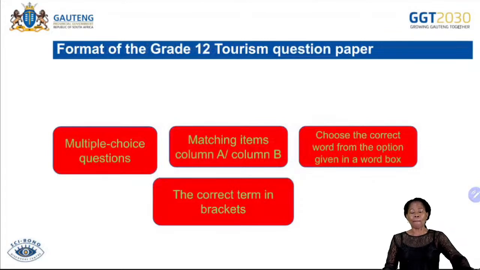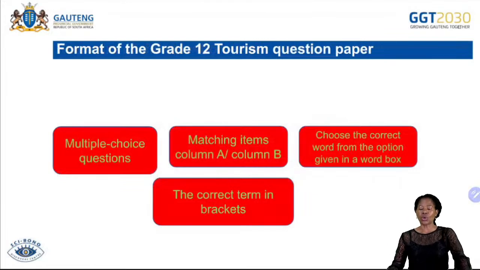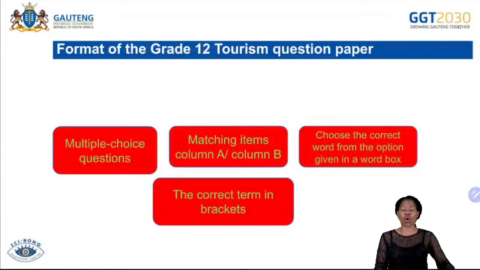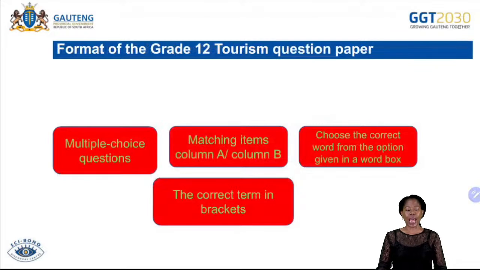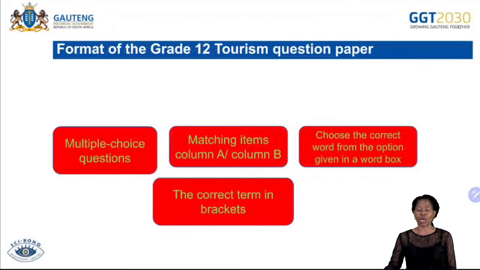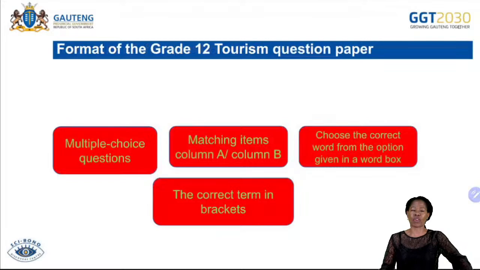You will find matching items, that is, you will be given column A and column B, where you are expected to match the answers to column A. And then another one, you will find a question to choose the correct word from the options given in a word box. Your educators, I know they've been practicing with you what a word box is, where you are supposed to choose the correct answer from them. And then also you will find the correct terms in the brackets type of question.